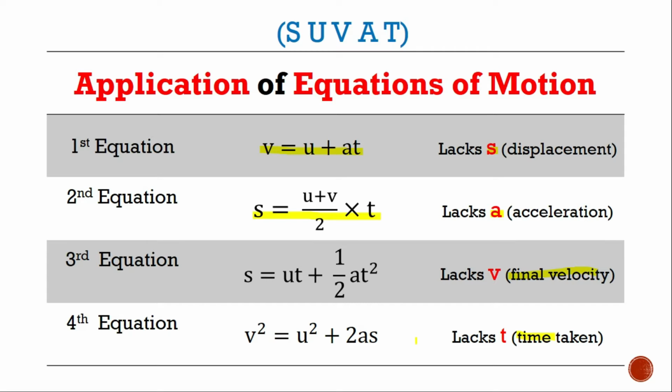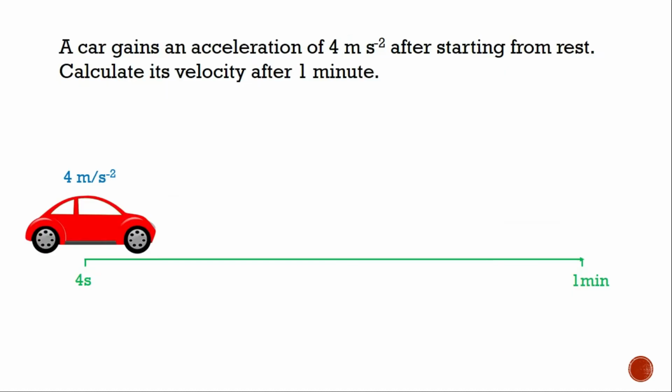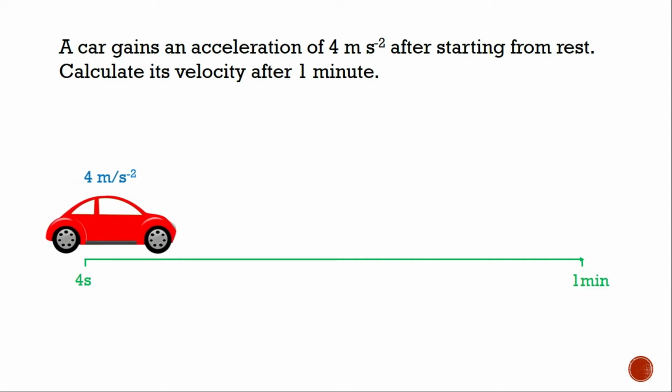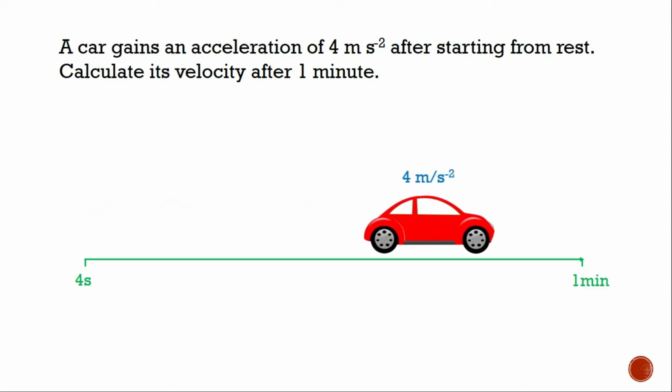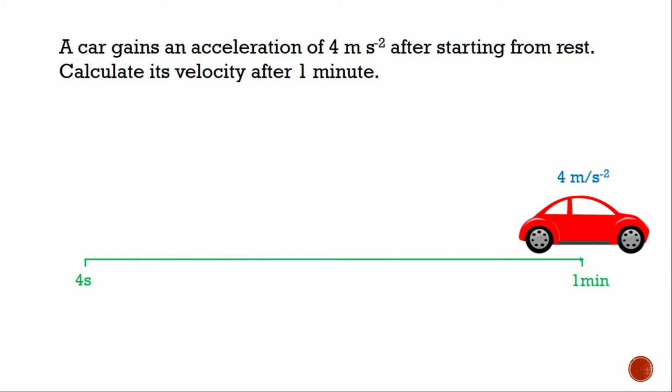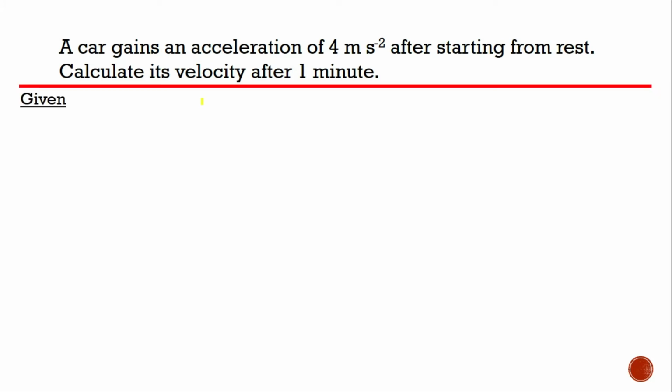Let me use one or two examples to show you how to use these equations. Suppose the question is: a car gains an acceleration of 4 meters per second square after starting from rest, calculate its velocity after 1 minute. So here the car gains acceleration of 4 meters per second square, so acceleration a is 4 m/s².